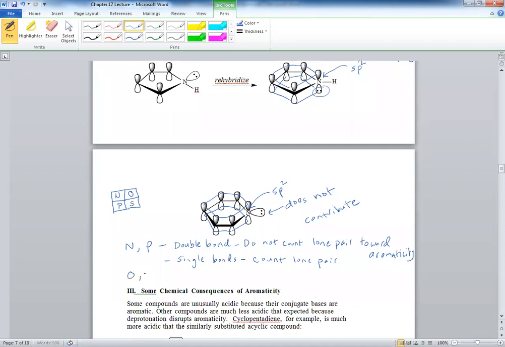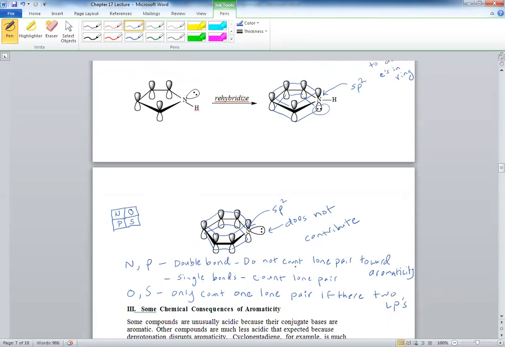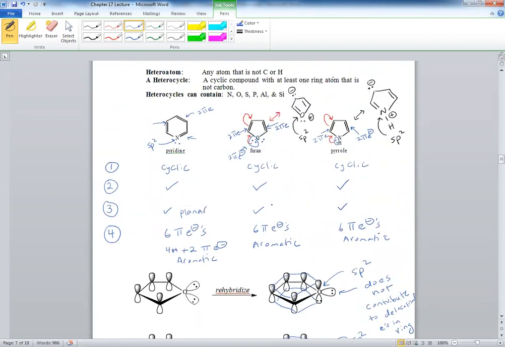For oxygen and sulfur, only count one lone pair, even if there are two lone pairs. If you notice here, we only counted one of them.